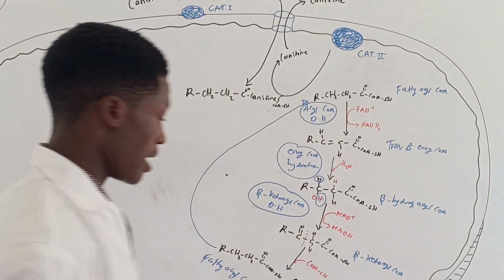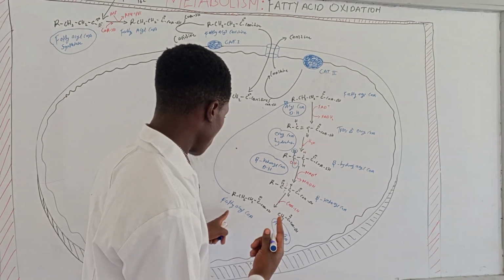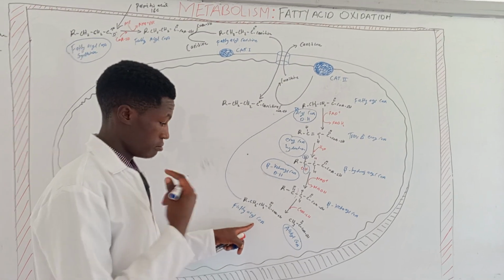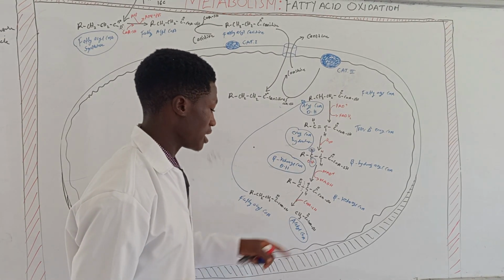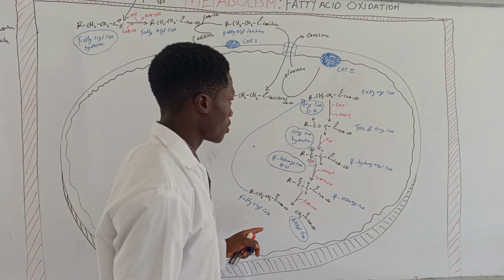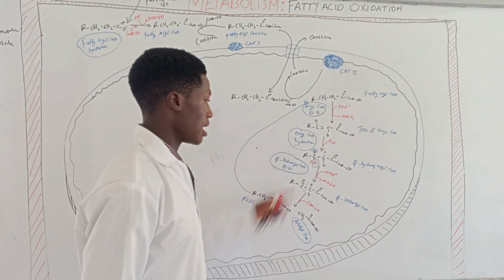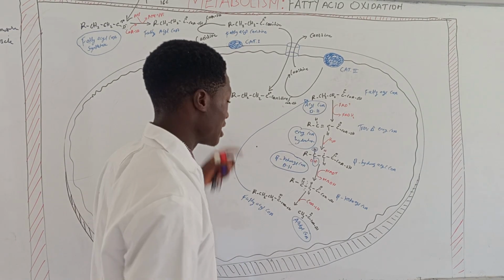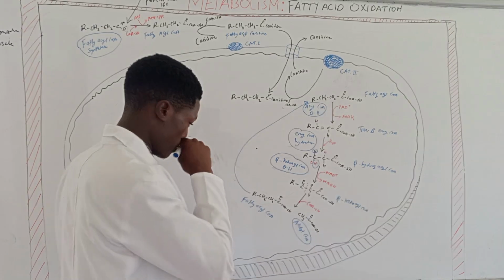We have removed the acetyl CoA in the first round of beta oxidation. Now we are going to remain with the fatty acyl CoA, which is now 14 carbon. You remember that? It is 2 carbon short. We remove the acetyl CoA and get back to the second round. It's going to come down to 12, 10, 8, 6, 4, until we degrade the entire fatty acid to form acetyl CoA.